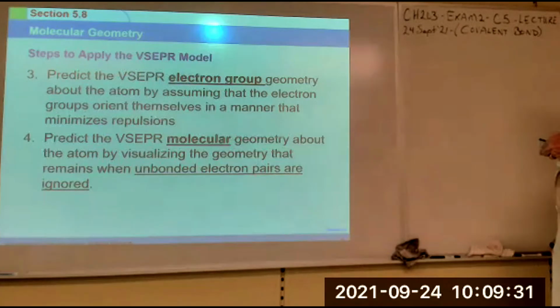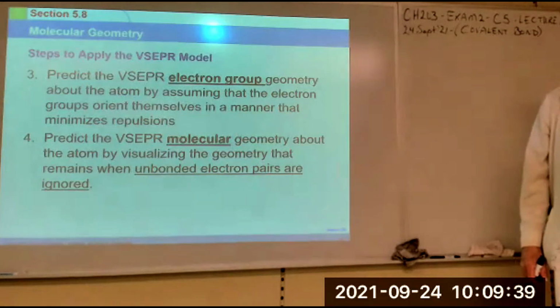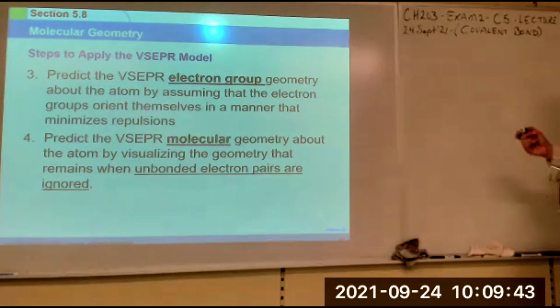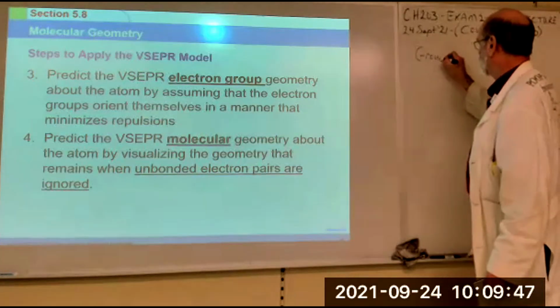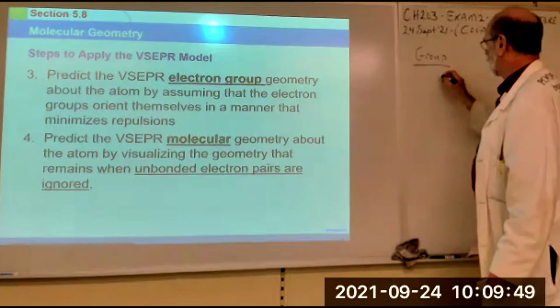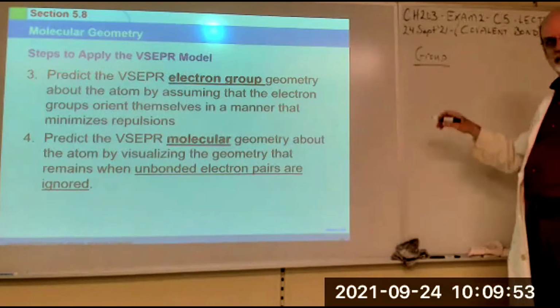Okay, so once you've determined the number of electron groups, then it feeds into standard geometric shapes. If you have two groups, let's do it like this. I'm not even going to put one group because one group is always linear.